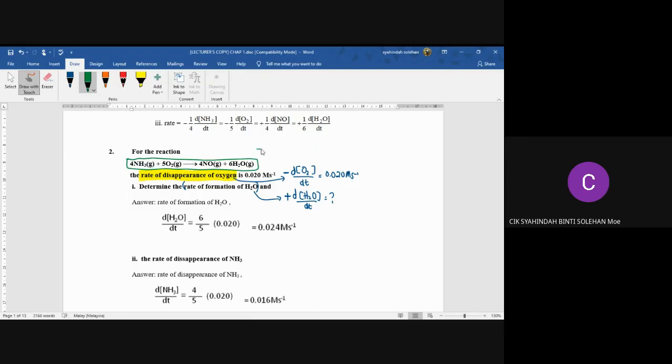It's gonna be negative 1/4 rate of disappearance of NH3, okay, and equals to negative 1/5 rate of disappearance of oxygen, is equals to positive 1/4 rate of formation of NO. You write dulu dia punya differential rate equation, baru you tahu nak buat macam mana. Okay, and equals to positive rate of formation of H2O 1/6.